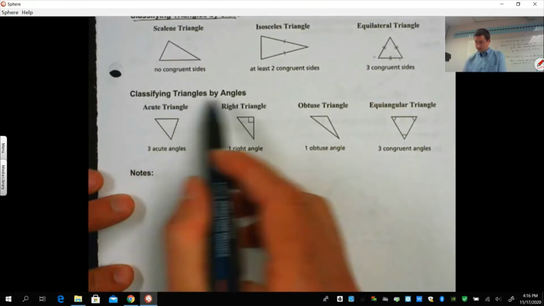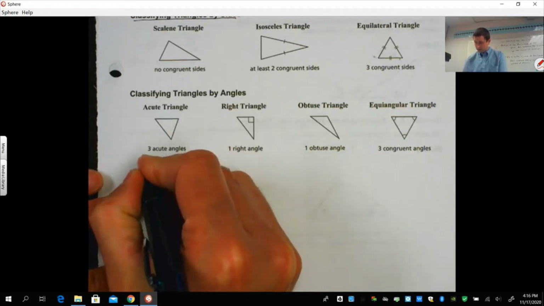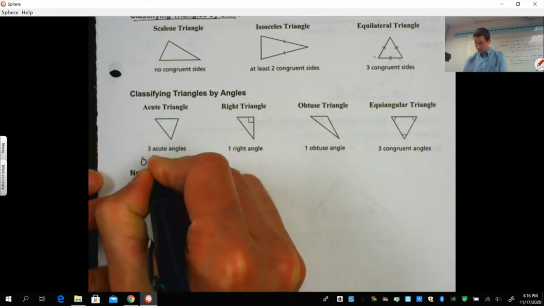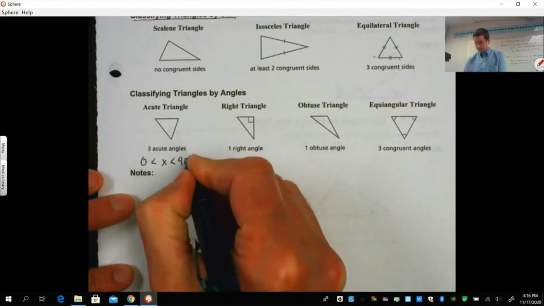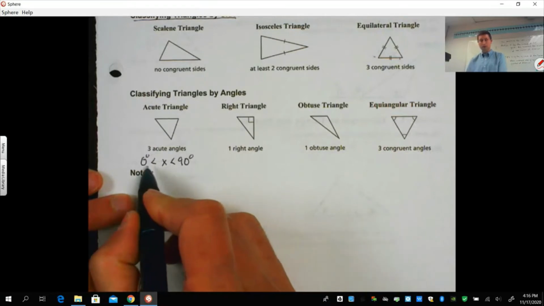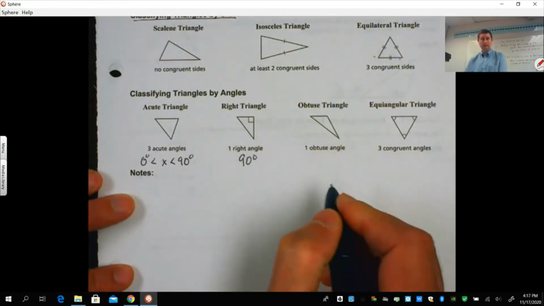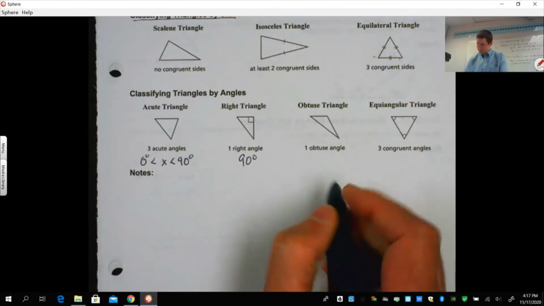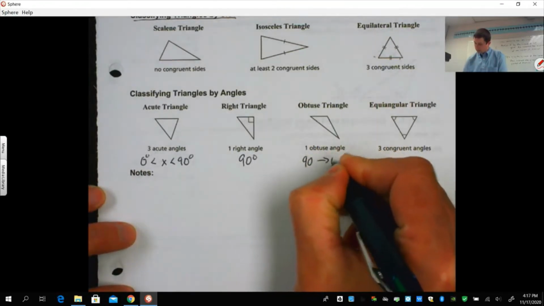If you classify by angles, acute angles, you have 3 of them. Acute angles are from 0 < x < 90. Okay, so acute angles go from 0 to 90. Right angles, of course, have to be exactly 90 degrees. Obtuse angles go from 90 to 180.